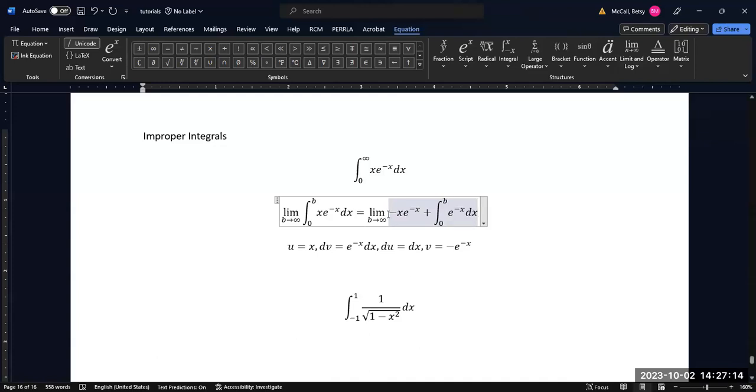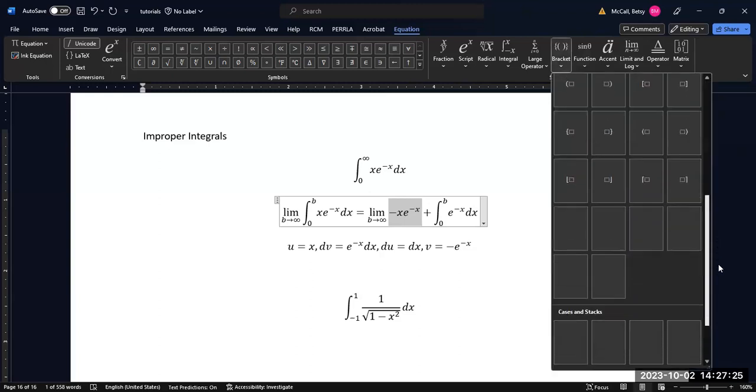And again, all of this is inside the limit, and these ones are technically being evaluated from 0 to b. So just be really careful about the notation.